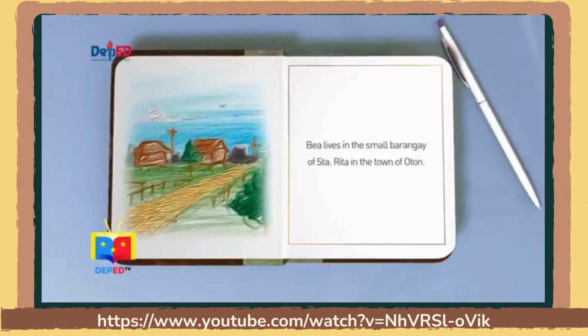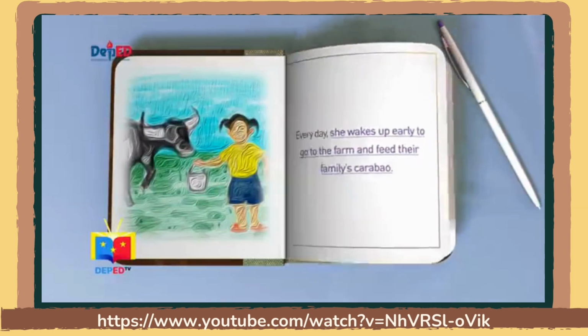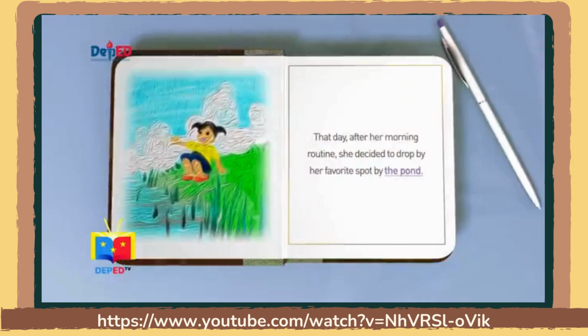Bea lives in the small barangay of Santa Rita in the town of Oton. Every day, she wakes up early to go to the farm and feed their family's carabao. That day, after her morning routine, she decided to drop by her favorite spot by the pond.